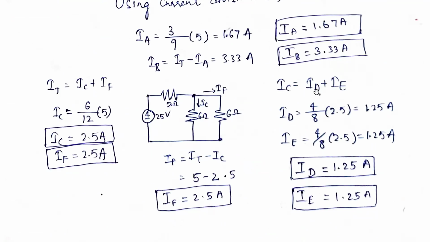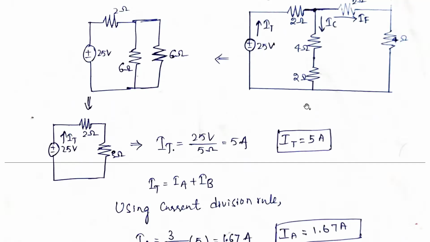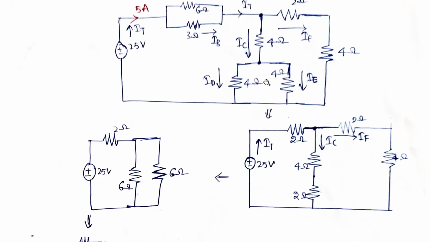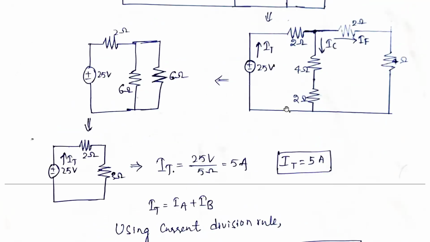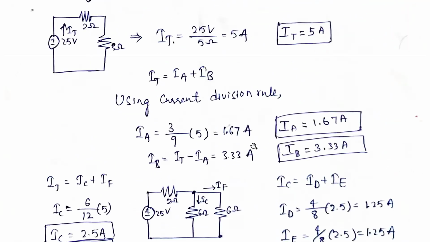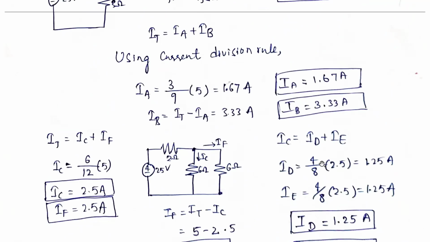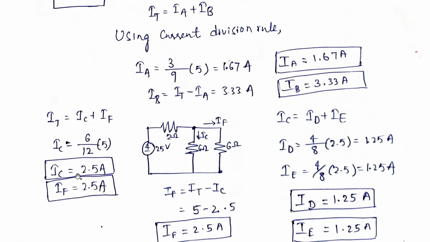So IC is equal to ID plus IE. How to find out ID? ID is nothing but opposite resistance. What is the opposite resistance? 4 ohms divided by total resistance 4 plus 4, into the current IC. What is the current here? IC we already calculated, 2.5. So into 2.5 amperes, that will give you 1.25 amperes.